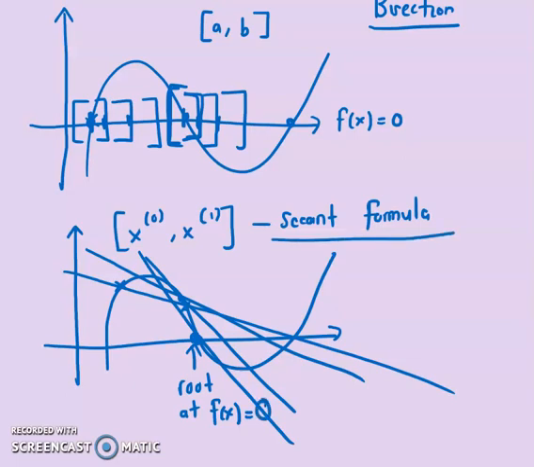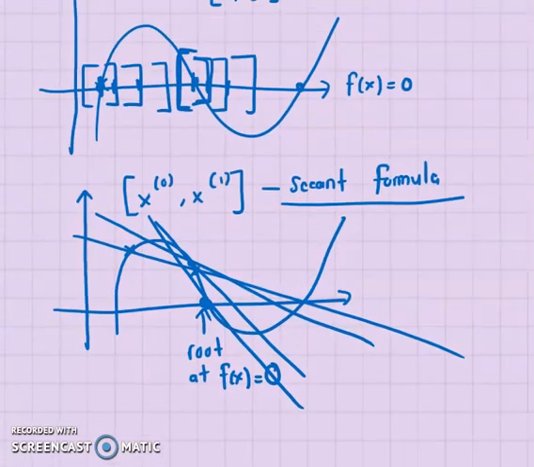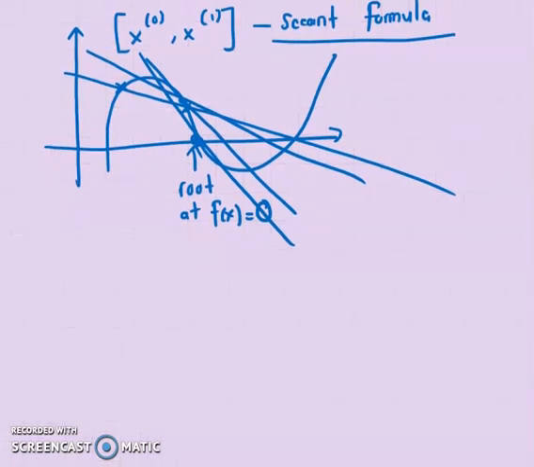So this is the secant approach. It has two initial values and uses a modified equation of a line to find the root.